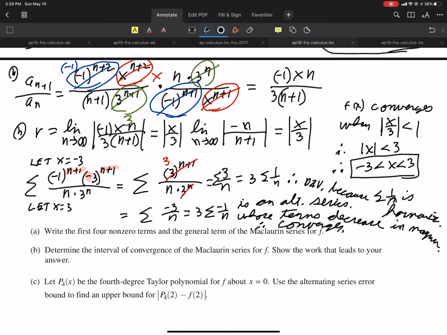And your final conclusion, therefore the interval of convergence is, so at 3 it converges, so we're going to do this. There is our interval of convergence. Beautiful. Now we're down to part C.